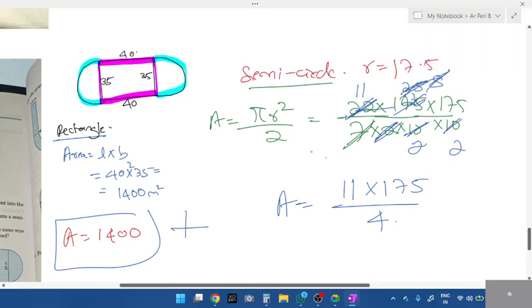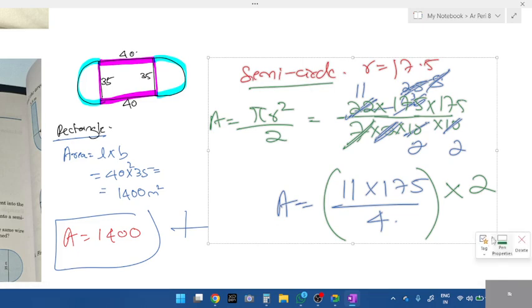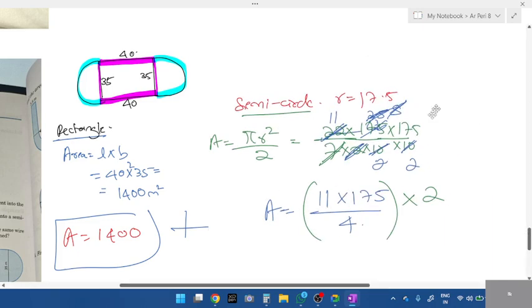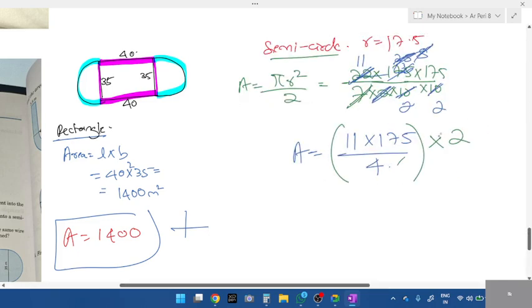For how many semicircles have you calculated? Only one semicircle, right? If you want to find for two, you have to multiply into two. This is the calculation I told you. Multiply into two, reduce. How many times two goes? Two ones are two. So area is equal to 11 into 175 divided by 2, students. First multiply 11 into 175 divided by 2.